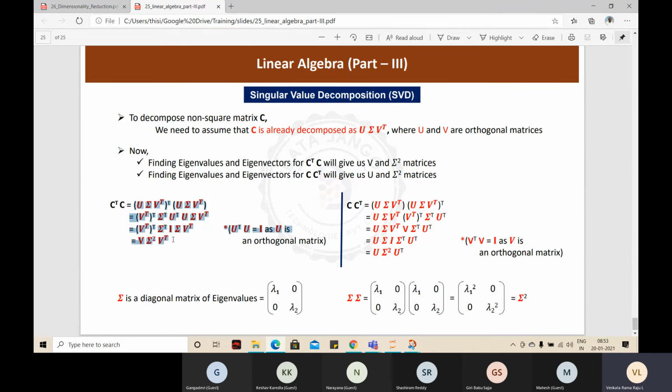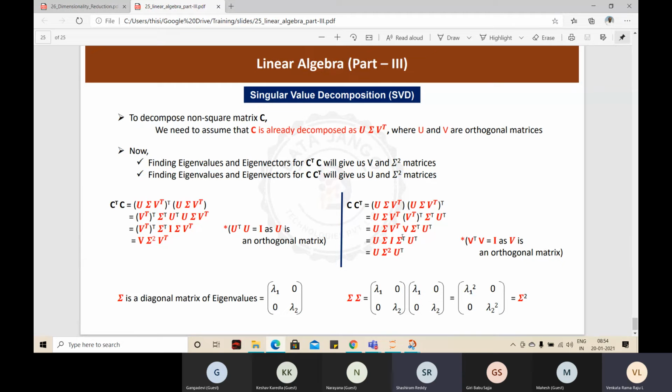Then you substitute, and you will get a form which looks like eigenvalue decomposition. You take a square matrix, another square matrix, do eigenvalue decomposition, you get V, U, and sigma. In both places you get the same sigma, sigma square, same values. But the V matrix and U matrix are going to be different. This is the key. You need to assume that already it is decomposed and substitute, and then you will get that.